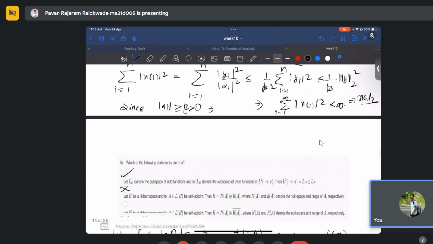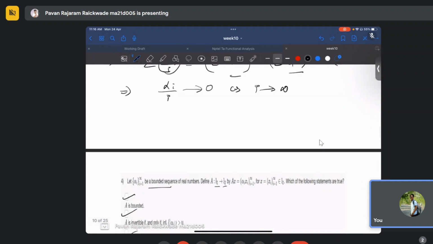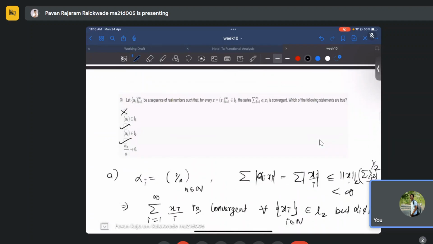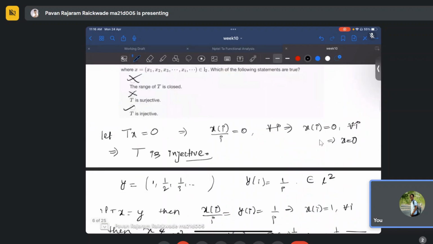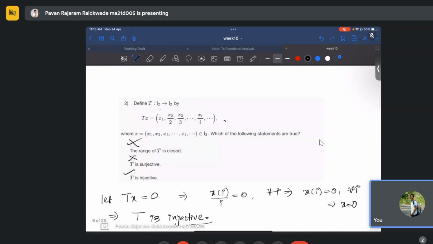I think we have seen a similar example just now. Yeah, here. In this example, our T was from L2 to L2. T was injective, so we cannot write L2 as the direct sum of the null space of T and the range space of T, because the null space of T is the singleton {0}.